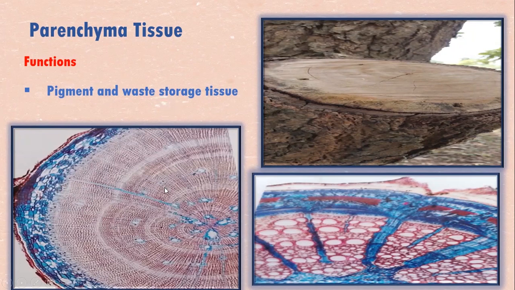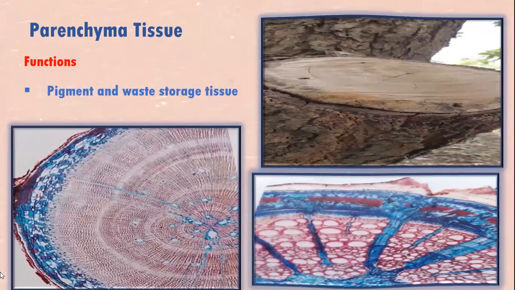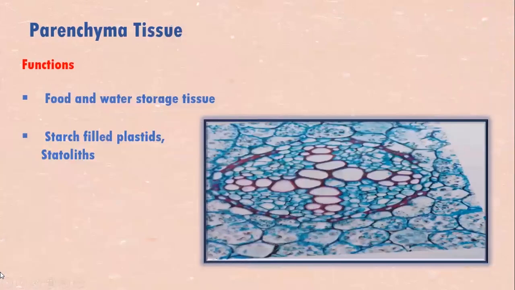So you have wood. This wood, they all turn brown or black, especially the heartwood. Heartwood here is dark in color because it has a lot of tannins, all right? Tannins. So parenchyma cells store a lot of waste. We'll have to look at parenchyma cells again.